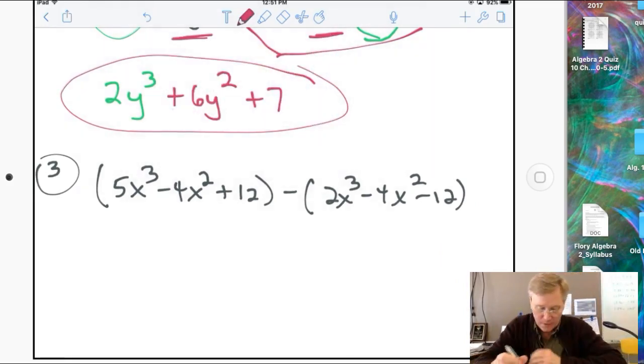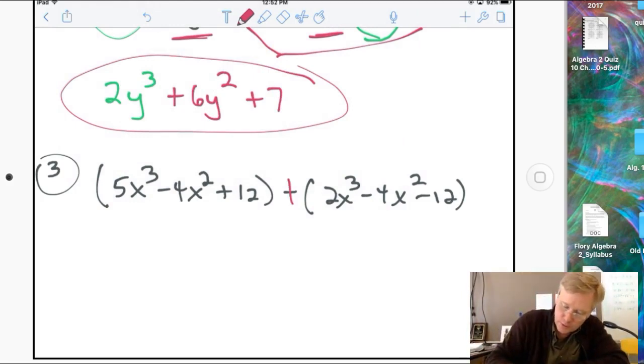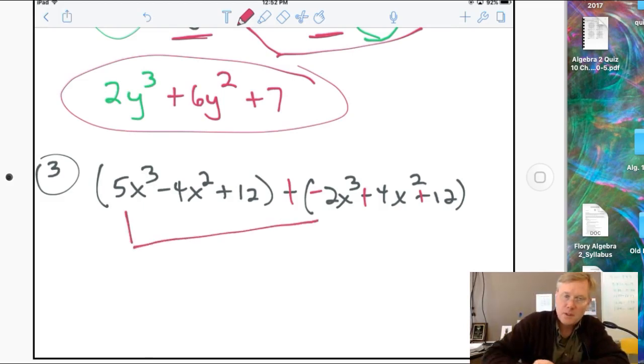If you want to go 5x to the third minus 2x to the third, you can. I prefer to change all the signs in the second set of parentheses, and change the subtraction between the two parentheses to a plus. And now I can simply combine like terms, and that takes care of all those double negatives, which can be kind of tricky. So I like doing it that way.